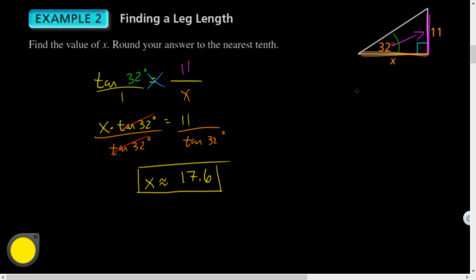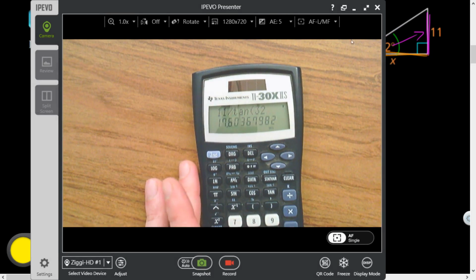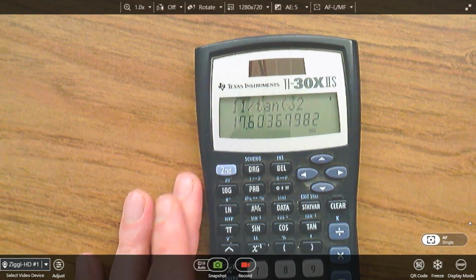Do not hit the tan to the -1. It's the same button. Okay? Here, let me tell you what. Just to make sure that we're all on the same page, I need to make sure that 100% of us can get this value here. So here we go.